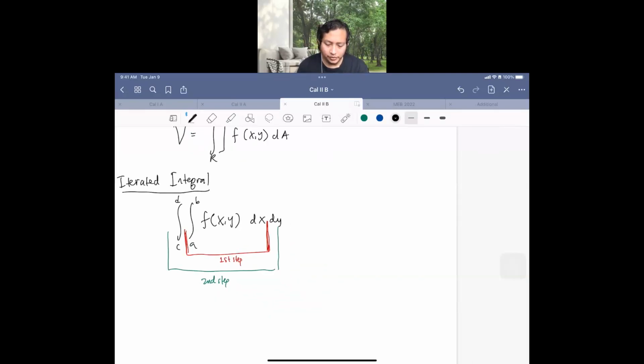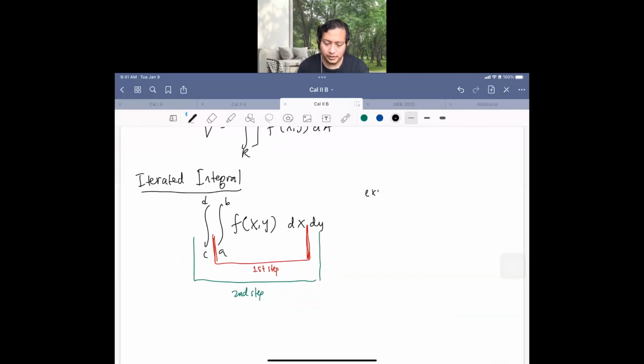Okay, let me give you an example in practice of how we can solve this double integral. Let's say we have the function x squared y inside, we would like to start with dy and then dx, with limits 1 to 2 for y and 0 to 3 for x.